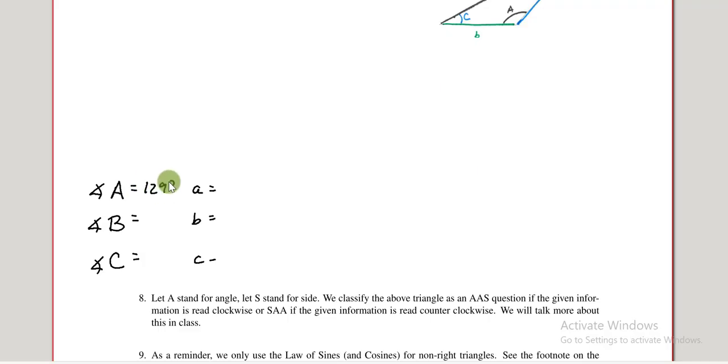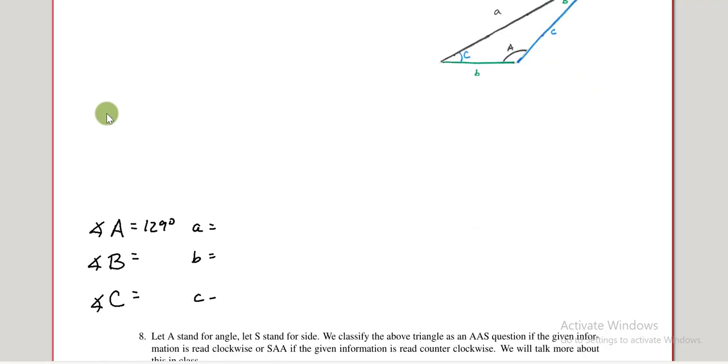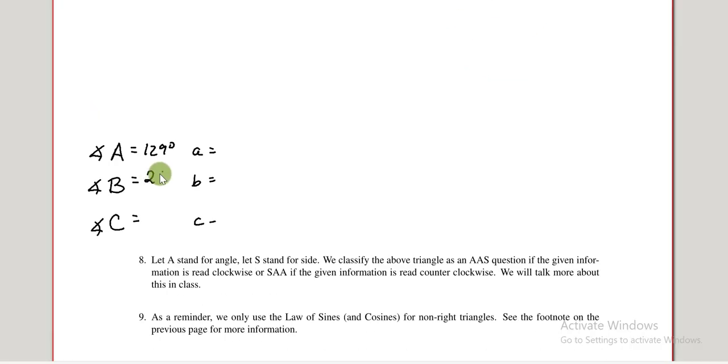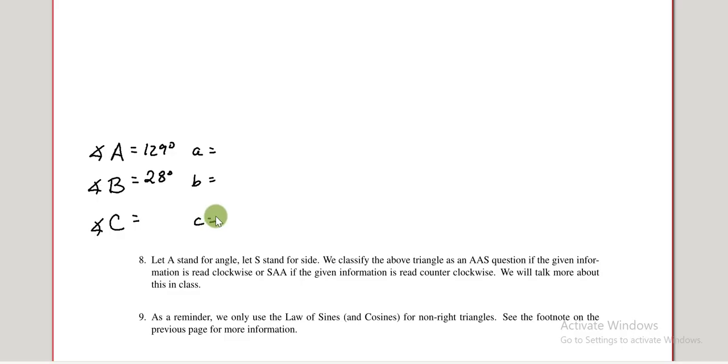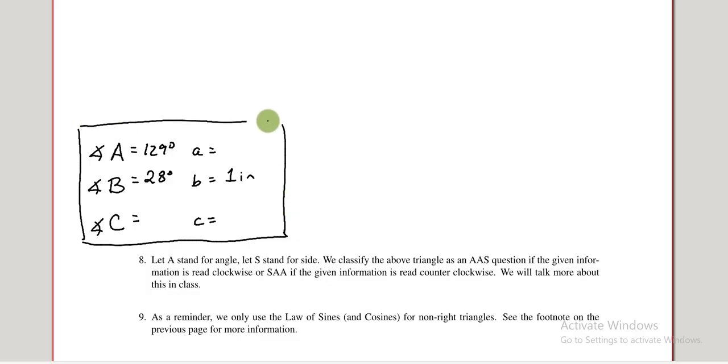So this was given. And the measure of angle B here was 28 degrees. And we don't know the measure of angle C. And I was told that the side length b was equal to 1 inch. So this is that answer box I was talking about, and we're going to find the 3 missing components here. We're going to solve for those and fill them in.